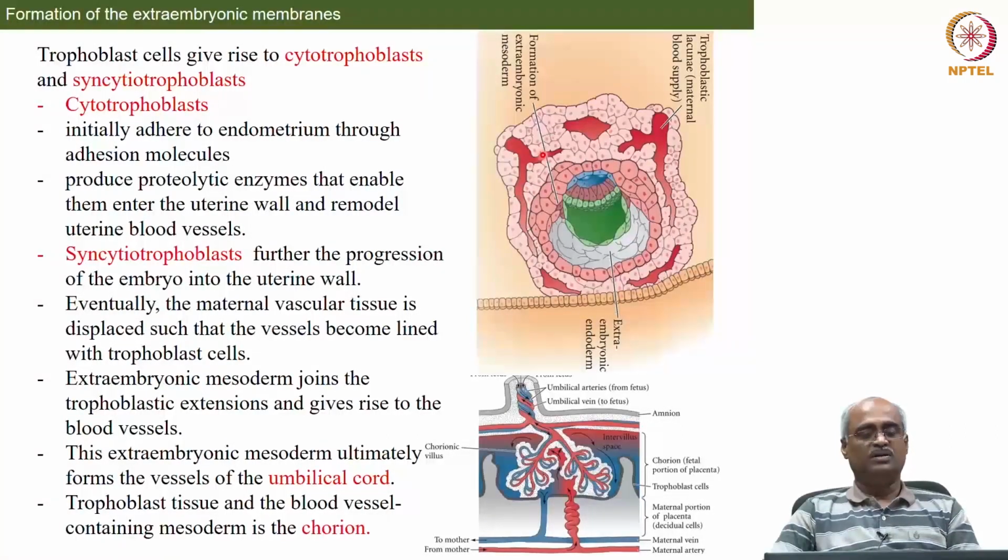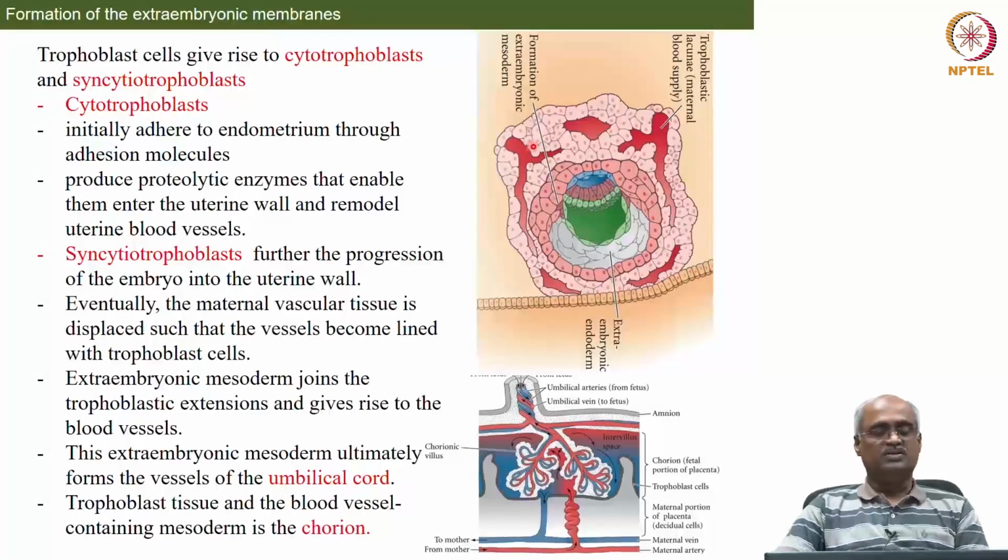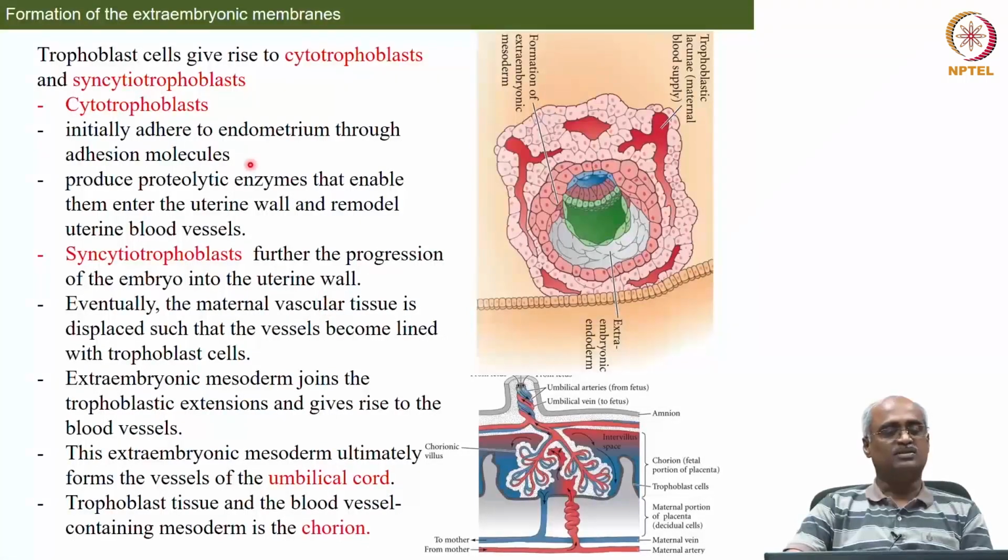So, they form the chorion of the placenta. Okay. So, this detail we need to understand clearly, and that is the focus of this slide.